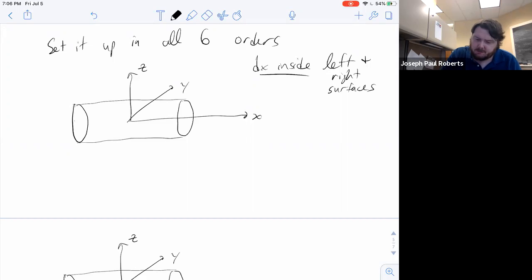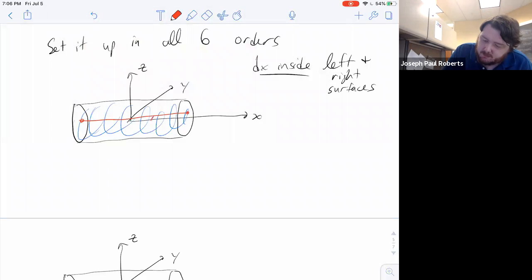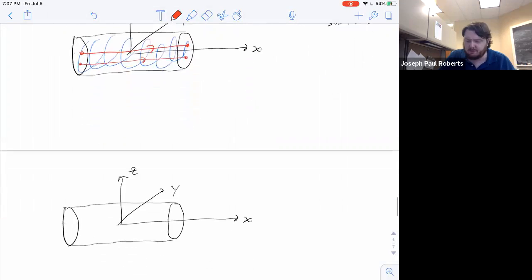Okay, so here's our solid region. Our left and right surfaces, we would be thinking like this, right? What's the left boundary? What's the right boundary?